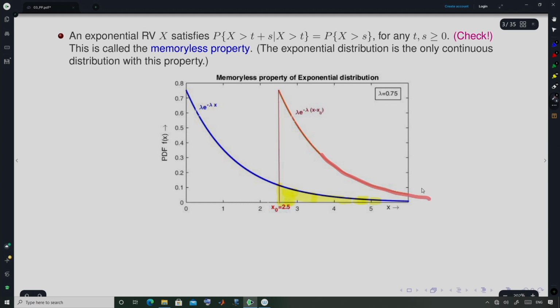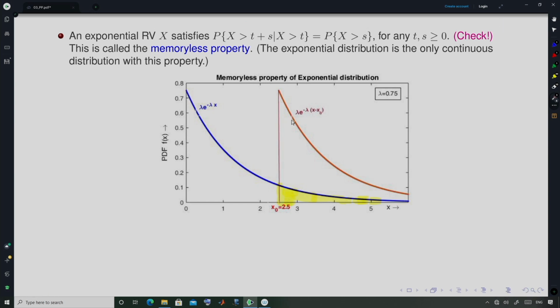This blue colored curve and this red colored one are exactly the same, except that this has shifted by this many time units. So, the tail, when you magnify it, has exactly the same shape as when you started here. This is what the left side would be.